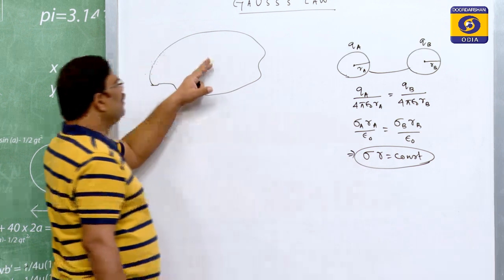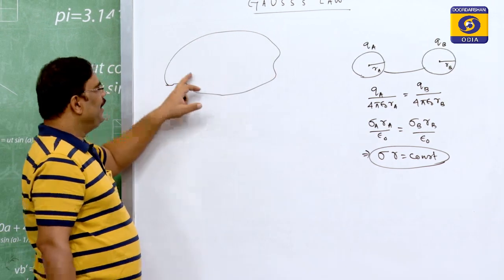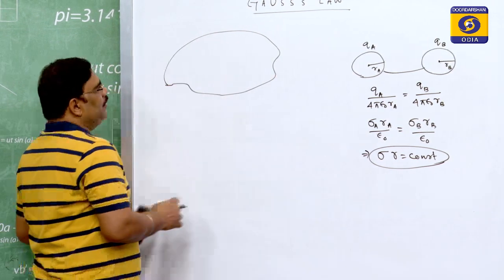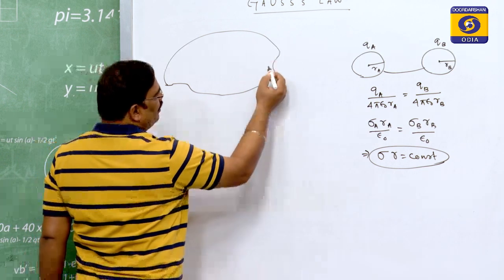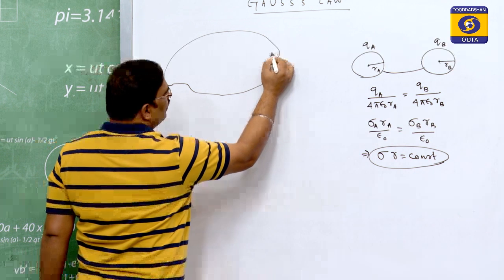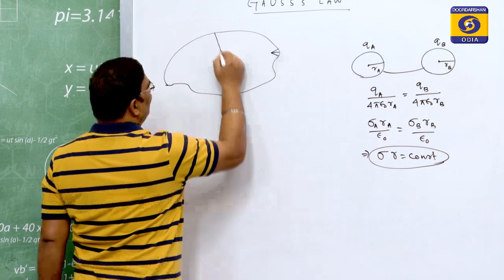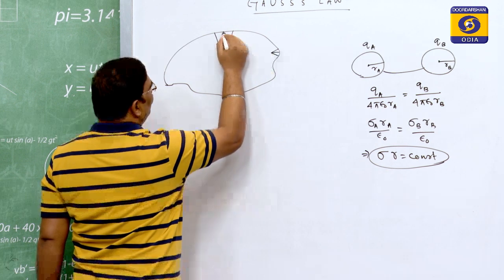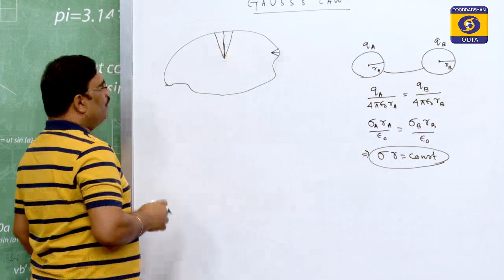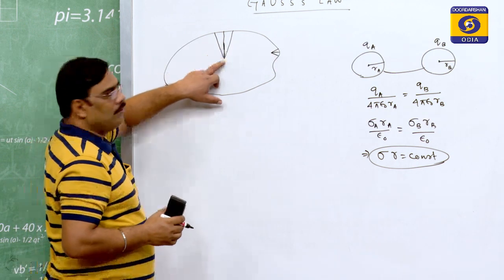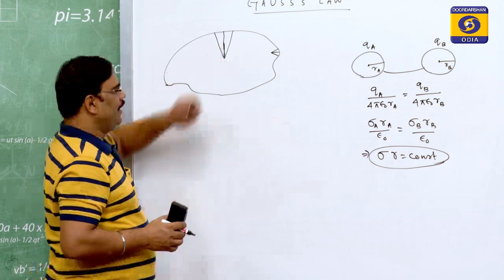If we consider the surface of a conductor which is completely irregular, then the density of charges will be more at the portions having less radius of curvature, and less density will be present at the portions where the radius of curvature is higher.